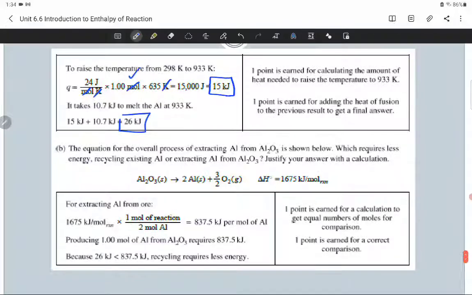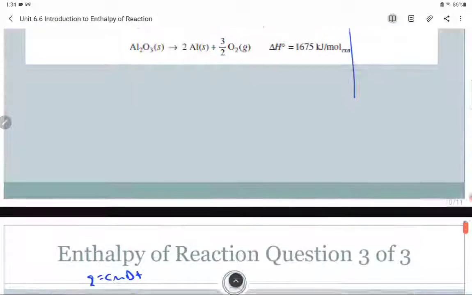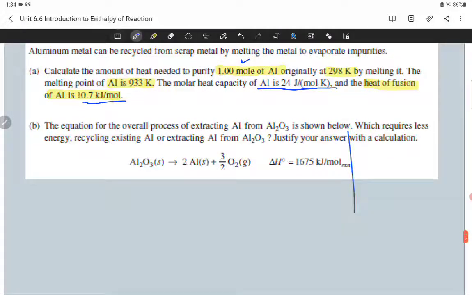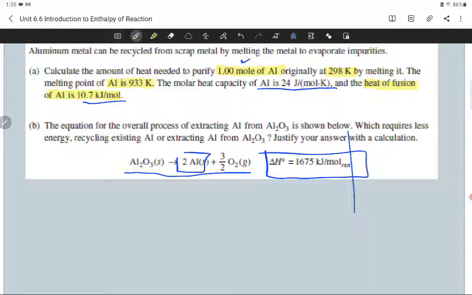We need to get it into a kilojoules number. Right now we have a kilojoules per mole of reaction. So here's our reaction, and it looks like there's 2 aluminums in every reaction. So let's do a little conversion there.